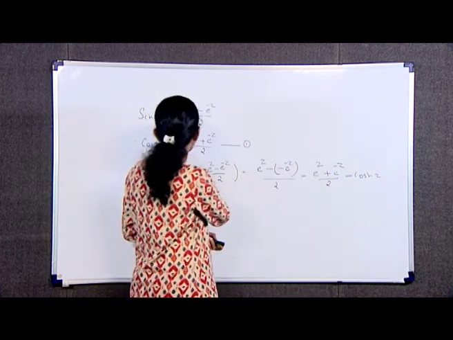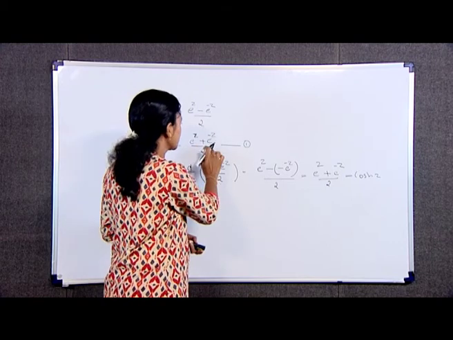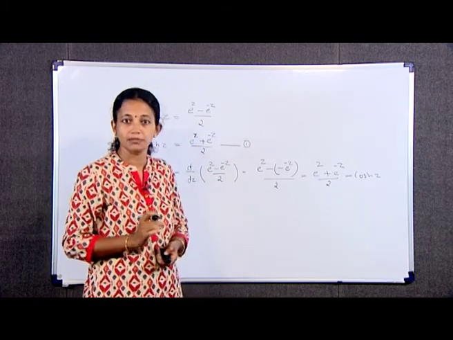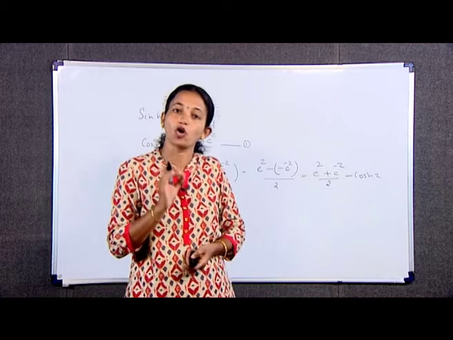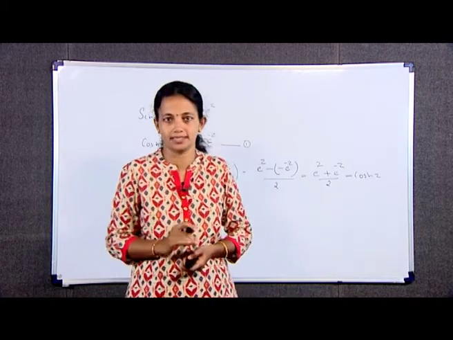Here we have cosh z equal to (e^z plus e^(-z)) by 2. Similarly, d by dz of cosh z is equal to sinh z.